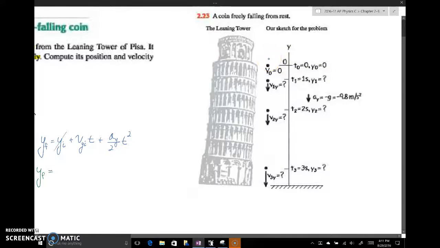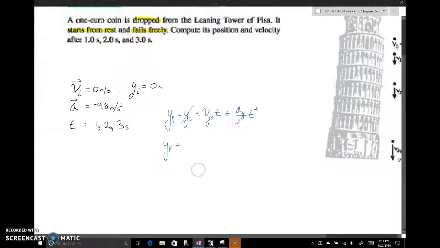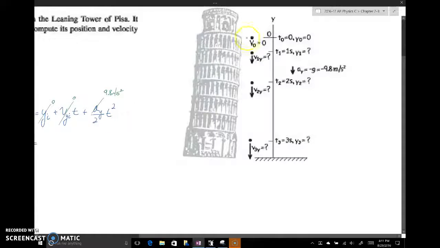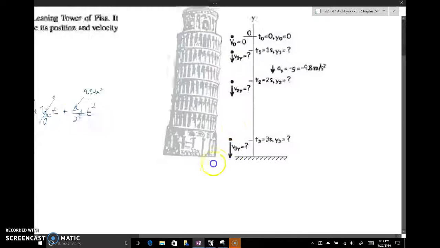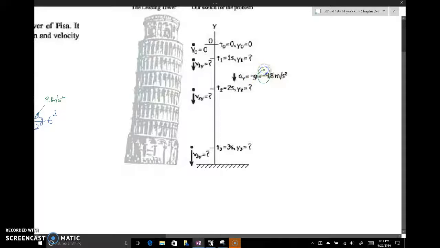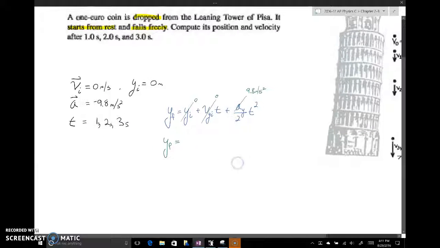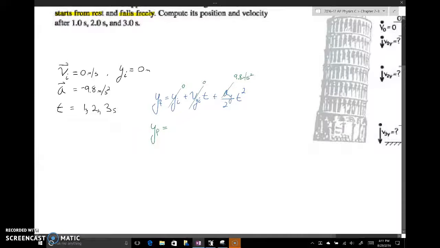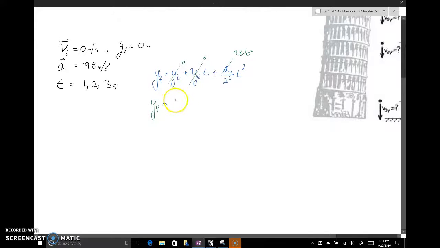So they want to know our position with respect to the top of the tower. So this is going to be 0, this is going to be 0, and this is going to be 9.8 meters per second squared, not negative 9.8, because downward has been measured as the, or no, sorry, they do want downward to be the negative direction. So we got to go with them if they list it out, otherwise it's our choice. So we're going to have negative 9.8 meters per second squared over 2 times t squared. That's going to be our position.